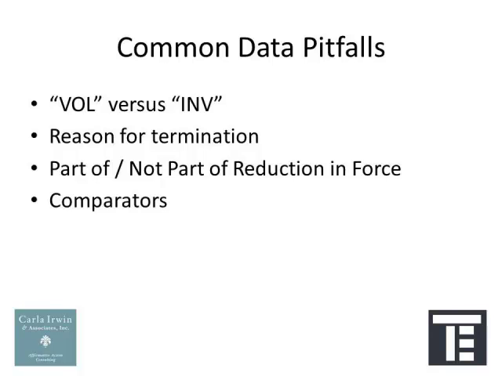And sort of tying in with that reduction in force is comparators. Unfortunately, a lot of organizations don't keep information on comparators when they're doing a reduction in force. The thing with comparators, and we touched on this last time with promotions, if you do not define who those comparators are, someone else will define them for you.